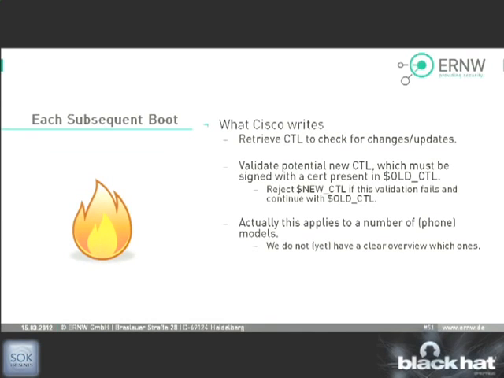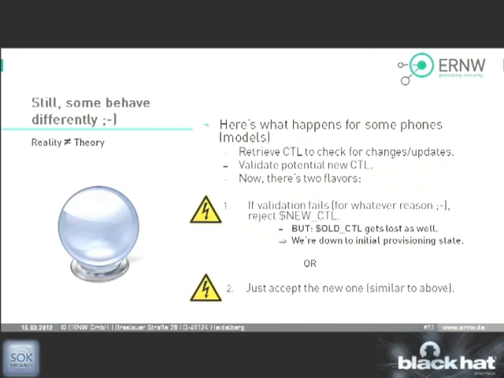We cannot really identify right now which phones do this or don't. Point is, the phones behave differently. What they do is they retrieve the CTL, they check if it's an updated one or not, and after this validation, there are two different things we saw.